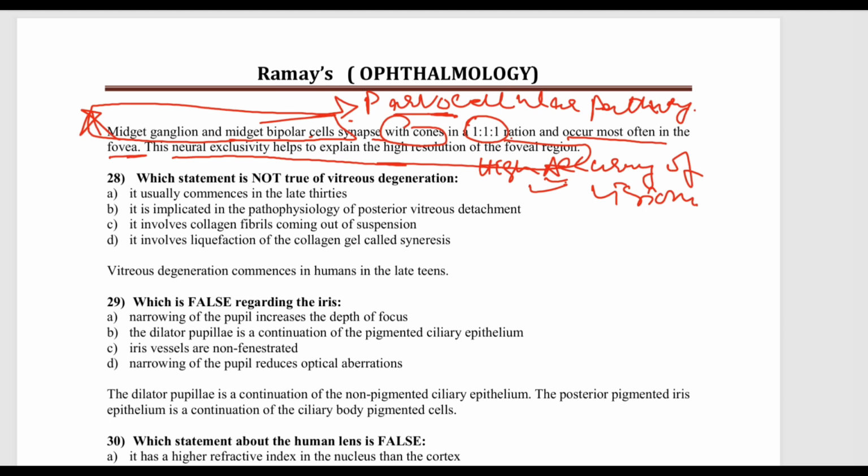So our next question is, which statement is not true of vitreous degeneration? The options are: it usually commences in the late 30s; it is implicated in the pathophysiology of PVD, posterior vitreous detachment; it involves collagen fibrils coming out of suspension; it involves liquefaction of the collagen gel called syneresis.